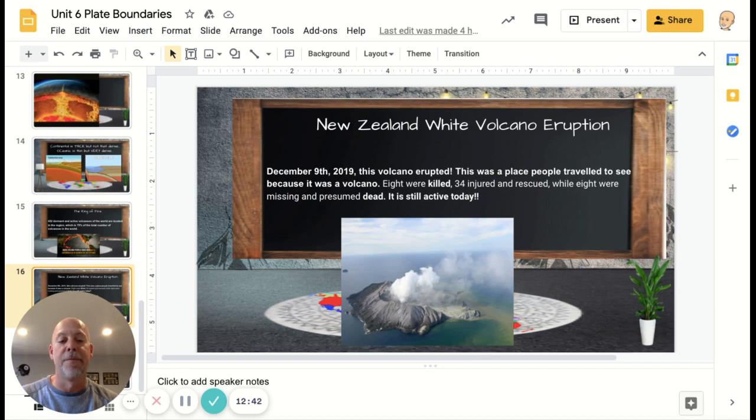They have active volcanoes off their coast that people like to go visit. But what people fail to realize sometimes is how dangerous this can be, because it's still an active volcano and you never know when it's going to erupt again or have some new active lava flows.